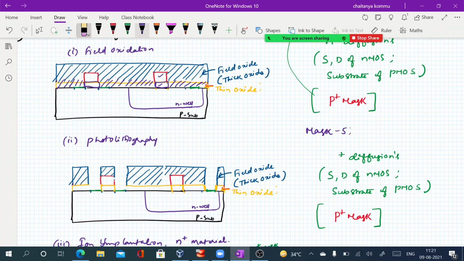We have to use P plus. Okay, so it is a PMOS, it is NMOS. So what can we call this mask? It is the N plus mask. This N plus mask we normally call mask 5.